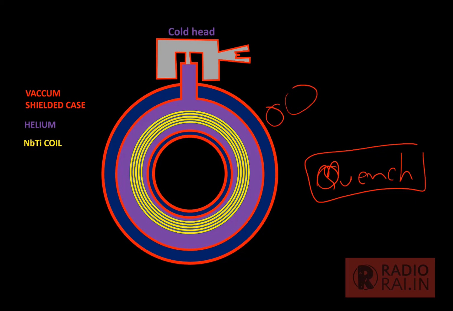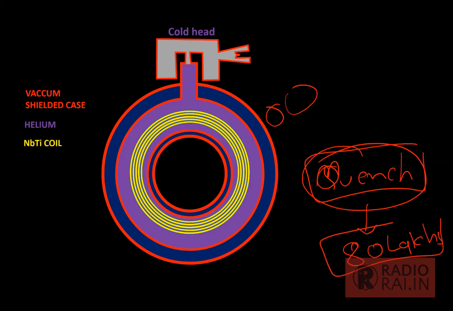Immediately we need to remove the trolley to save the patient. We have to press this quench button, but each time we press it, it costs the hospital up to 80 lakh rupees. That much money has to be spent to rebuild the superconducting MRI gantry.